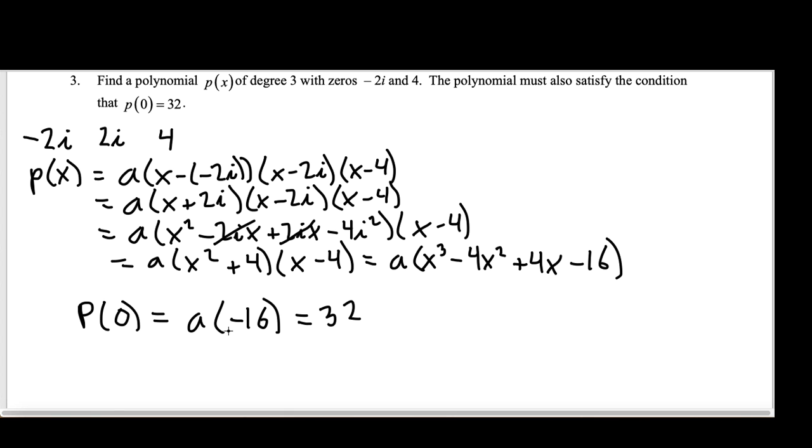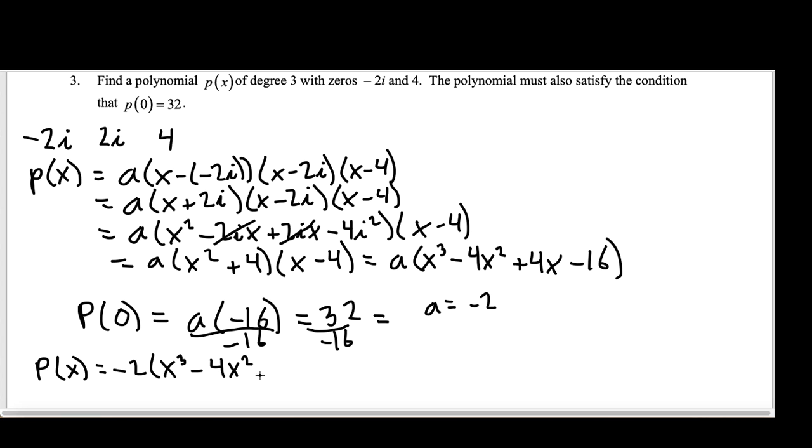And that allows me to identify what the value of a is. If I divide both sides by negative 16, I get a is equal to negative 2, which means p of x is equal to negative 2 times x cubed minus 4x squared plus 4x minus 16.